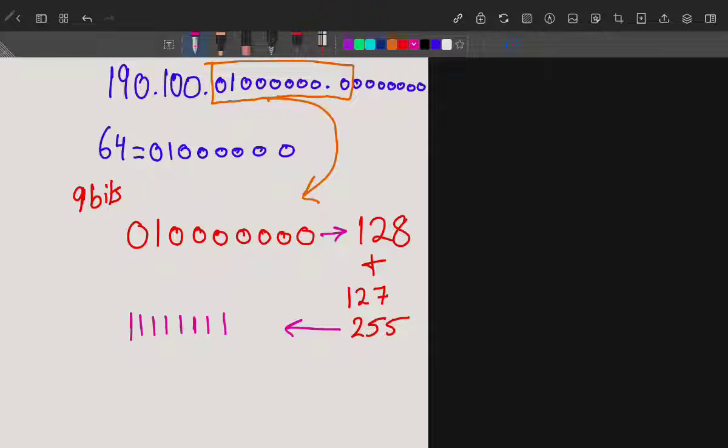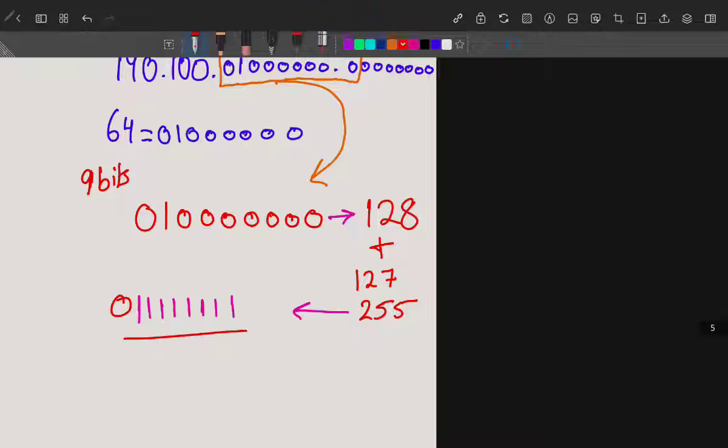However, we can't put 8 bits inside. We need to place 9 bits. So what do we do? We add an additional 0 on the left to make it 9 bits. Now put this number of 9 bits back inside here. So 190.100.